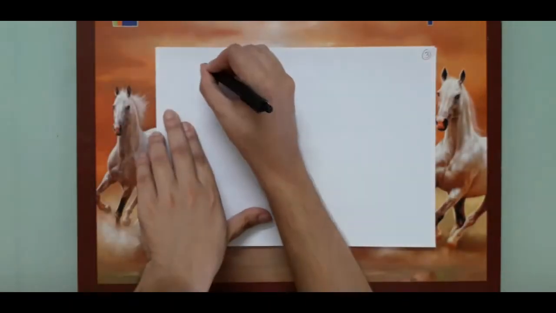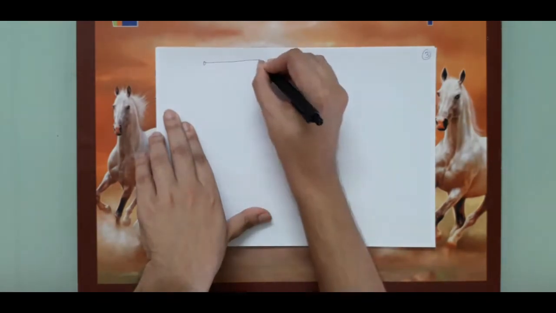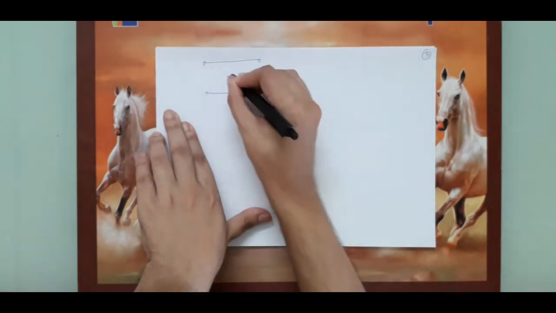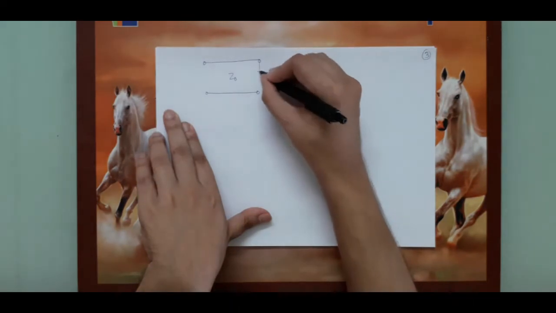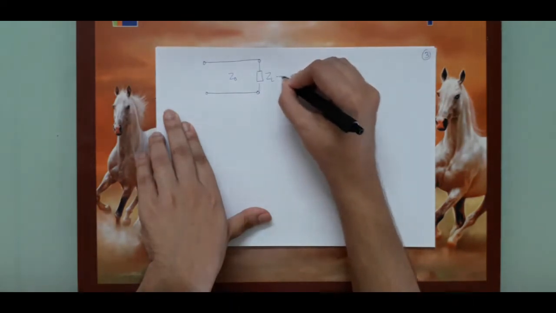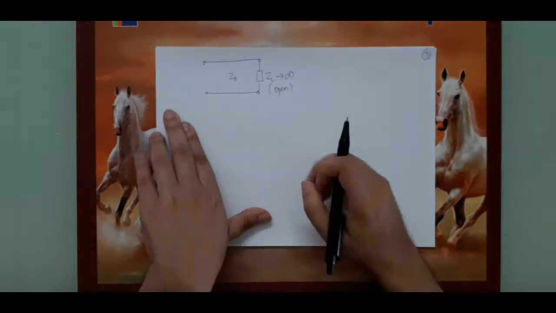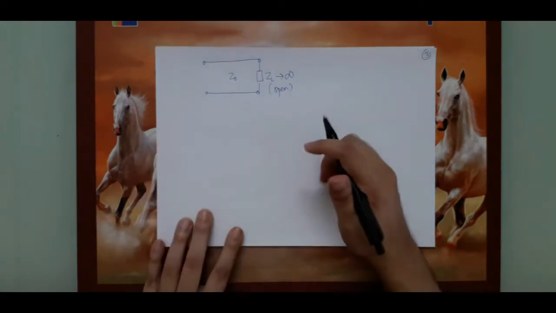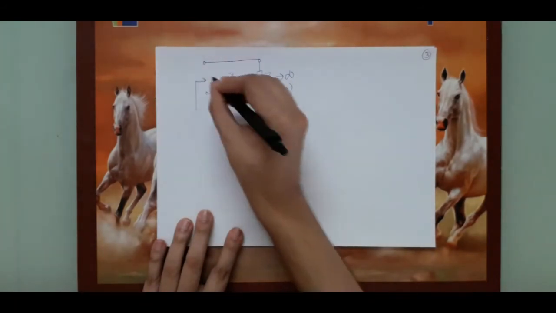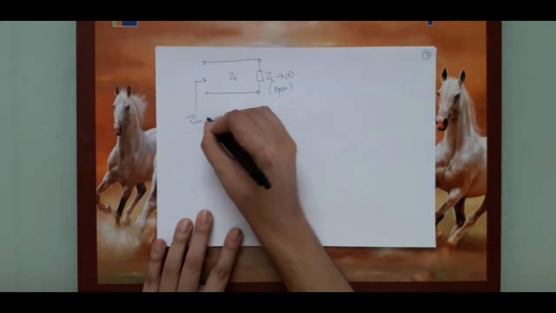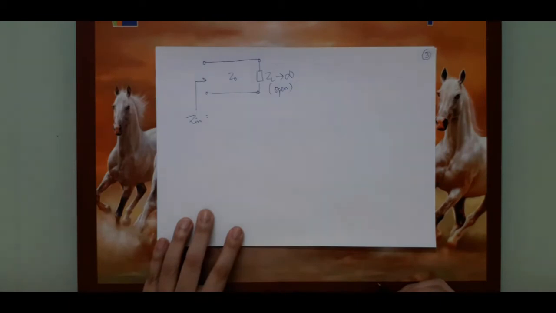So let's write it down. If I have a lossless transmission line Z0, and I have this ZL which tends to infinity. That means it is open. So in that case, Zin will be what?